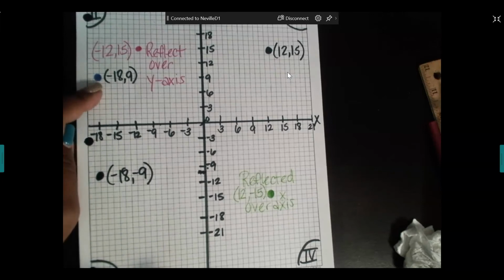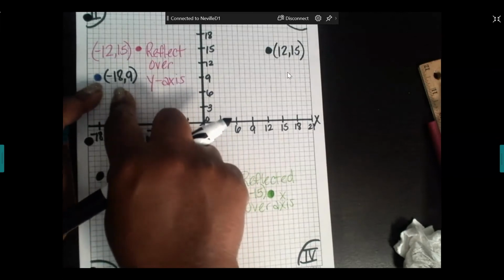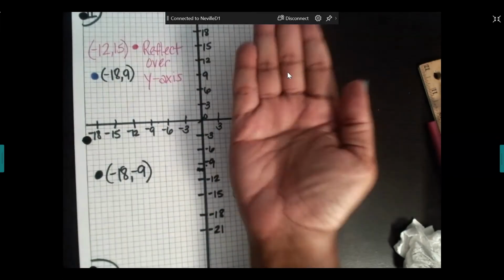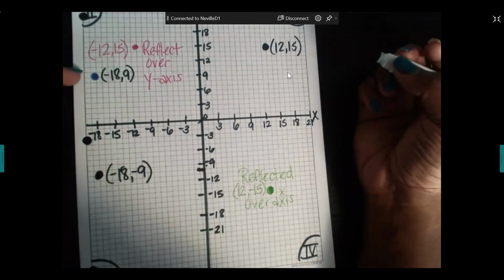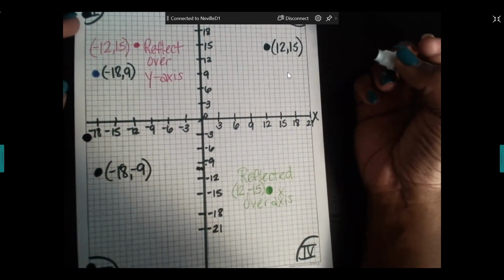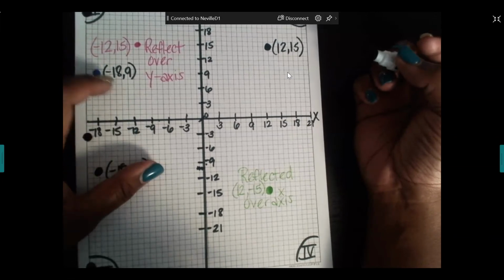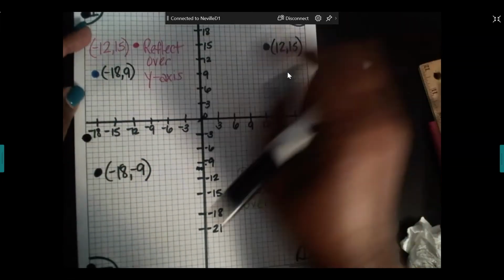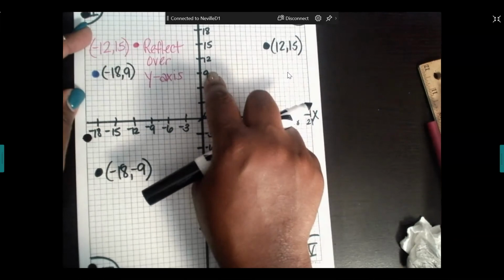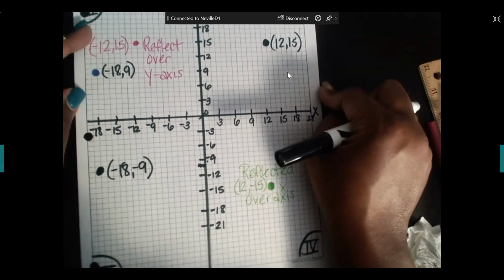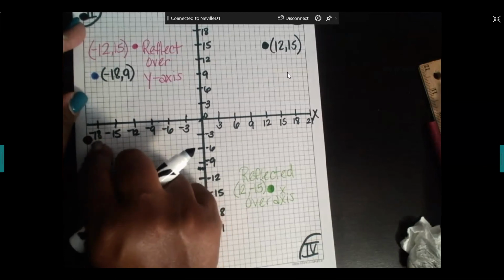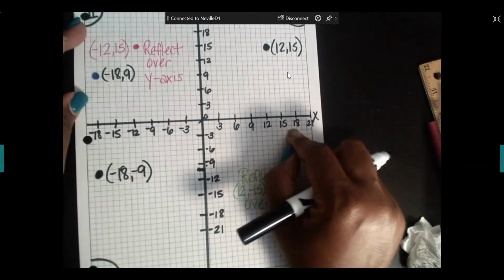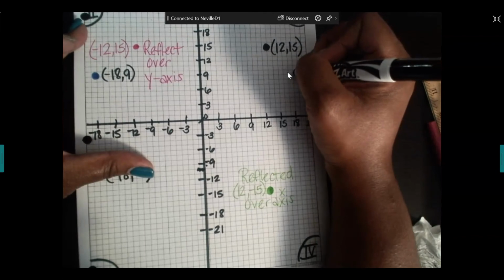Now, we're going to reflect (-18, 9) over our y-axis. So what's going to change this time, do you predict? The x, yep. I'm not going to change where I am on that 9. I'm flipping over that 9. But now instead of a negative 18, I'm going to use a positive 18.